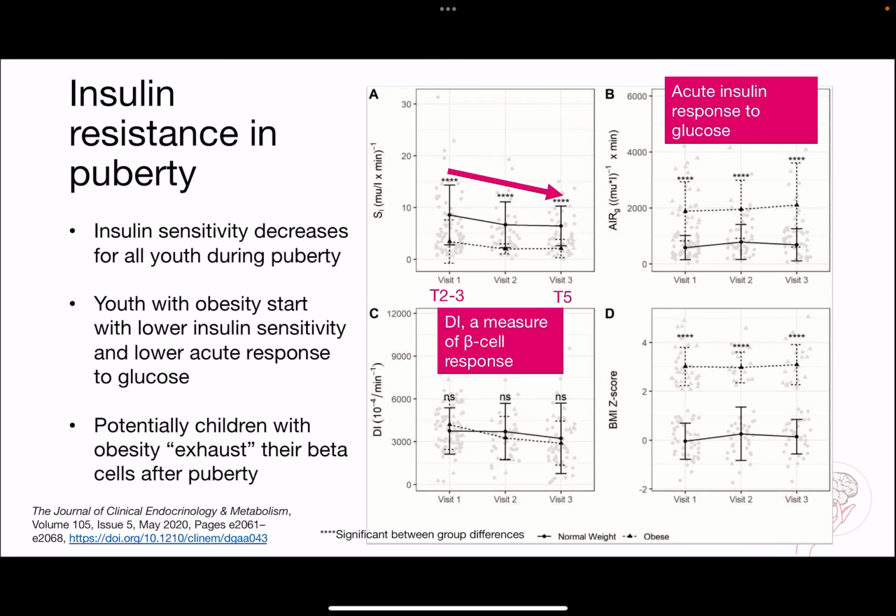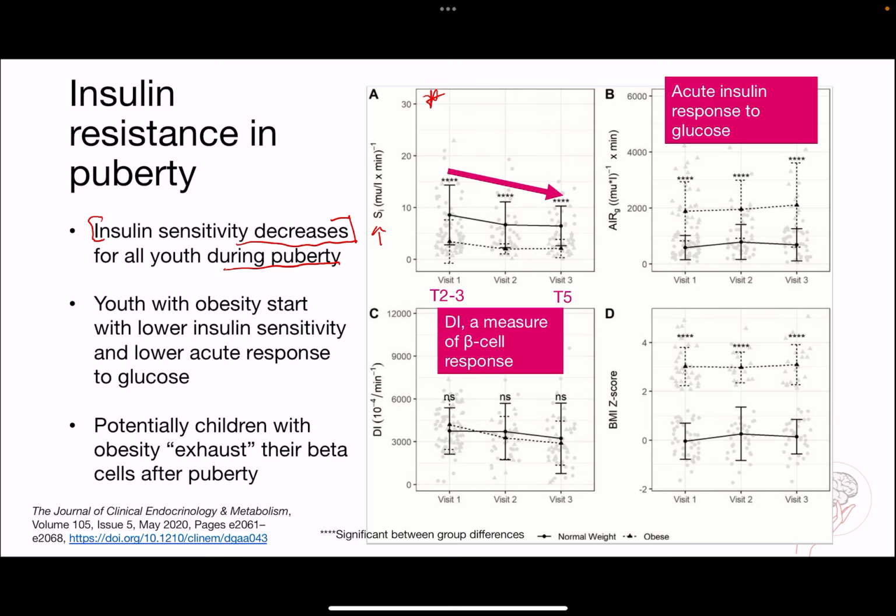And this can become even more important when we think about the insulin resistance during puberty. So all youth go through a period of insulin resistance or decreased insulin sensitivity during puberty. And we see that in this graph here, where this SI means insulin sensitivity.